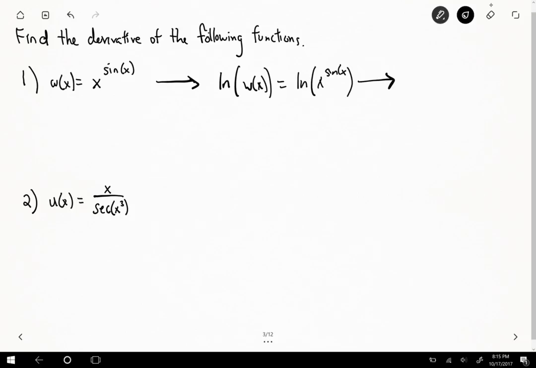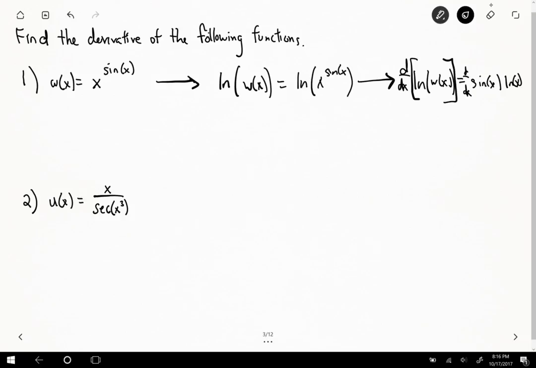So we can do natural log of w of x equals sine of x times natural log of x. Okay, where do we go from here? Well, we can take derivatives of both sides, and that's what we want to do, because now we have just a general product rule on the one side.